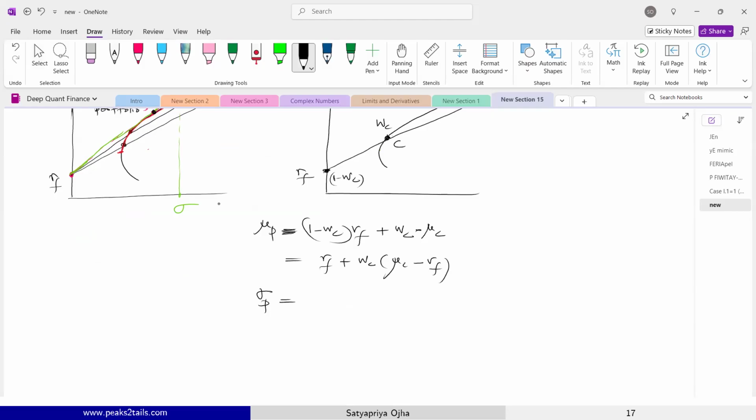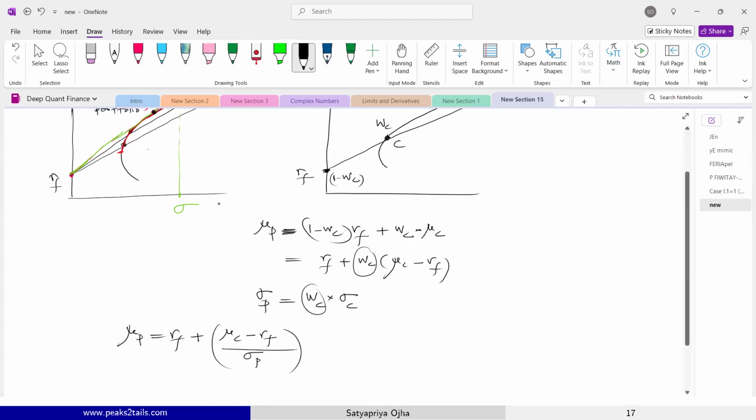So it's simply the weight on the risky asset, in our case WC times sigma of C. Eliminate the common parameter WC, and we get the equation of the line, which is mu P equal to RF plus mu C minus RF divided by sigma C, times sigma P, right? So mu P is related to sigma P.